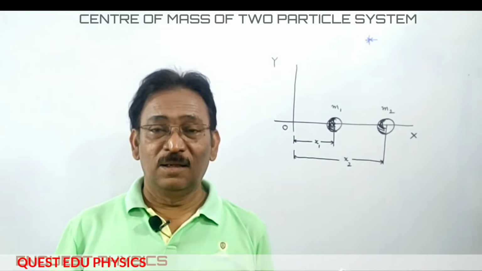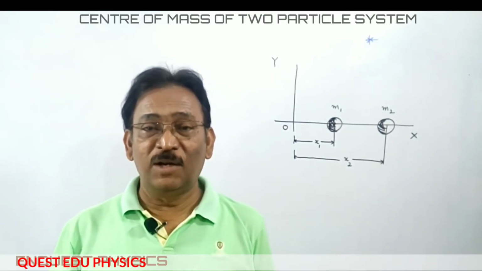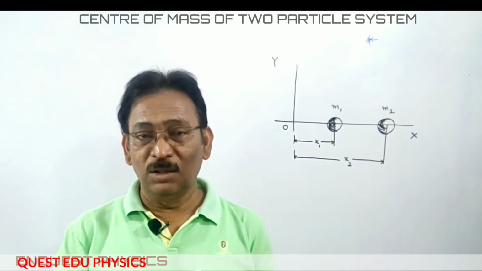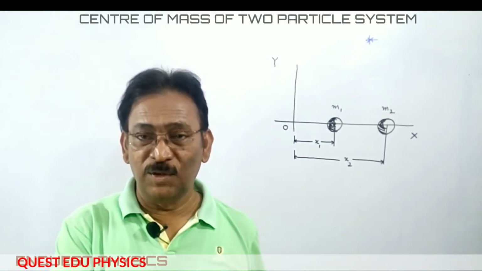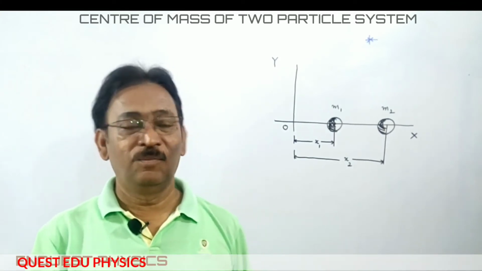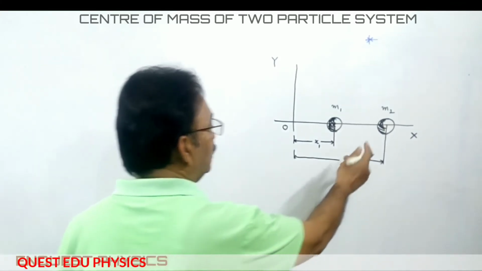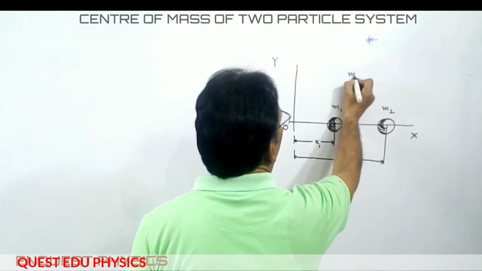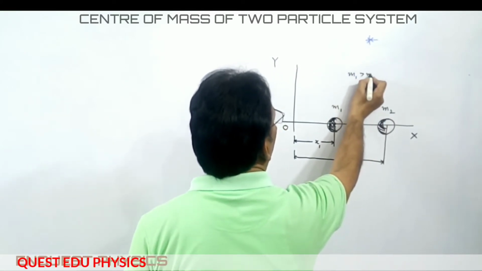If you take a system of bodies, here we are taking two bodies. If one has more mass and one has lesser mass compared to the first one, the center of mass always shifts towards the heavier mass. Here in this case, say M1 and M2, and M1 is greater than M2.